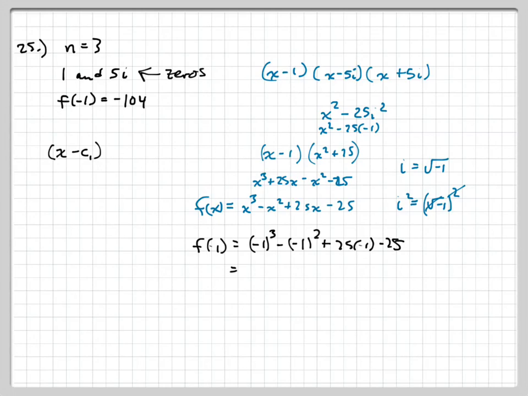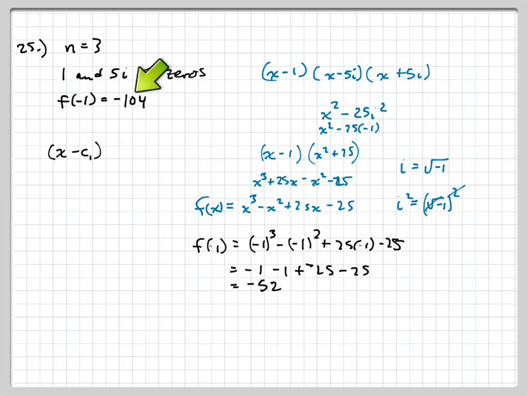So we simplify this, we get negative 1, minus 1, plus negative 25, minus 25. And when I add those all up together, what do you get? Negative 54. No, not 54. 52, right? Dang it. It doesn't match that.